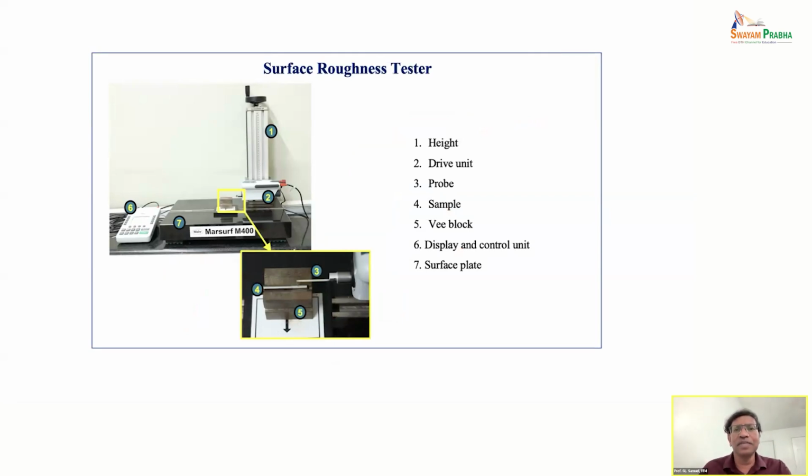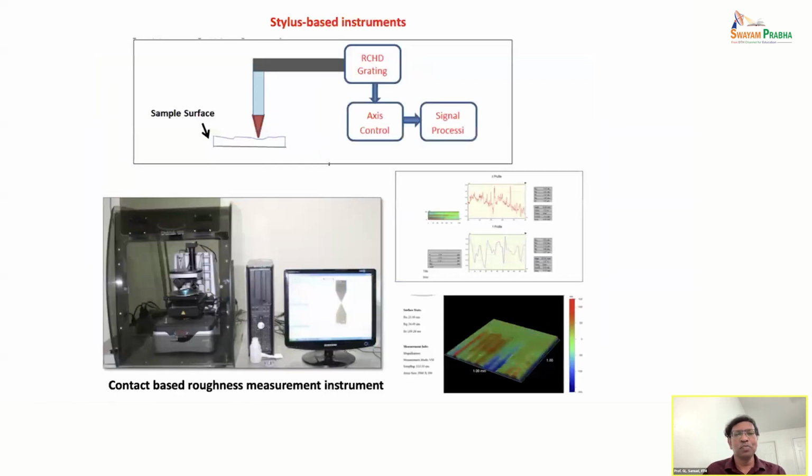So this is the surface roughness tester, where you put the workpiece here and there is a profile. We have a stylus here which touches the surface and gives the profile of the surface. But a more advanced one we have in our metrology lab is a 3D profiler, but contact based.